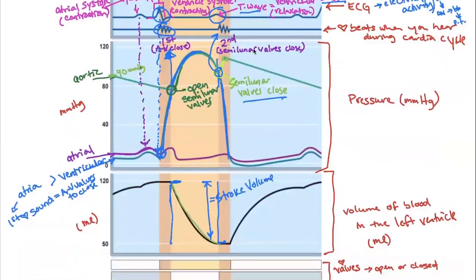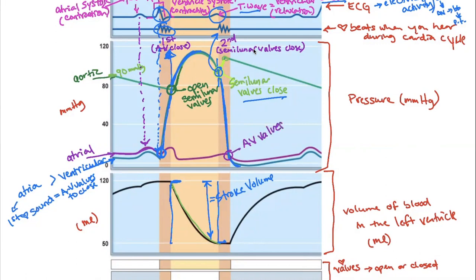Now, pressure is going to continue to drop in the ventricle, and it's going to eventually drop below atrial pressure here, and that is where the AV valves open back up again to refill the ventricles with blood.